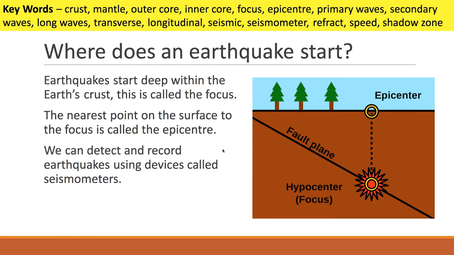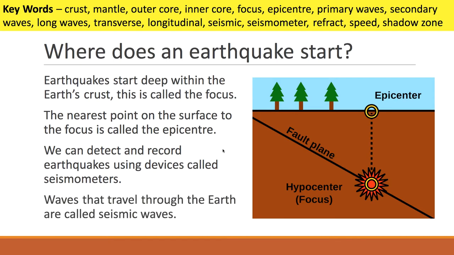And the waves that travel through the Earth as a consequence of the earthquake are called seismic waves. So all of these words you should come across through the lesson and by the end know what they mean. So seismic, to do with earthquake; seismometer, a device used to measure the magnitude of the earthquake.